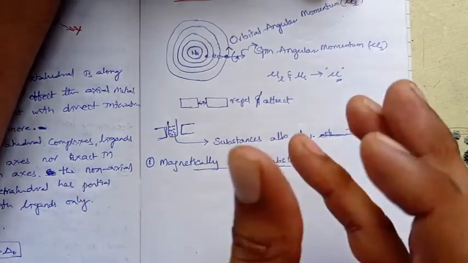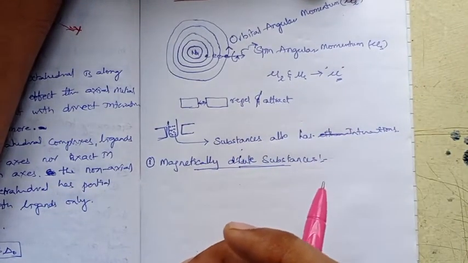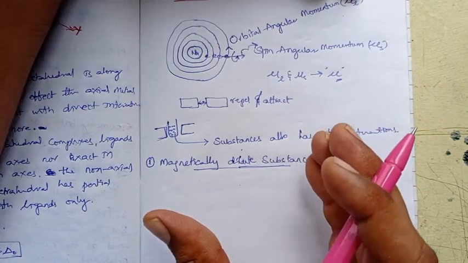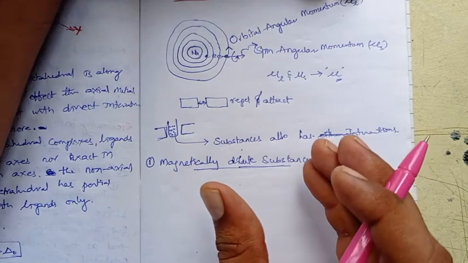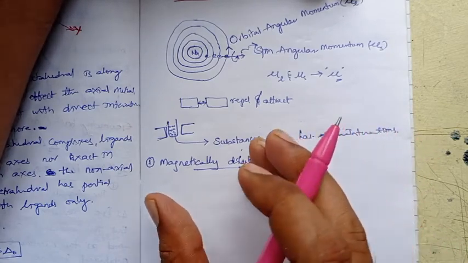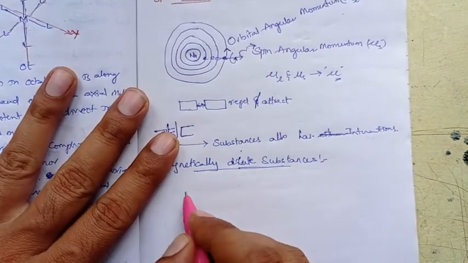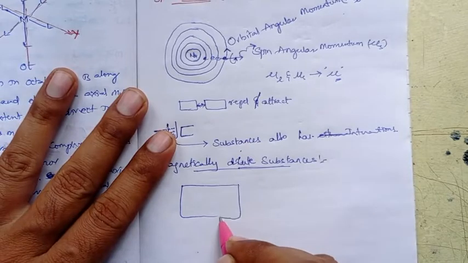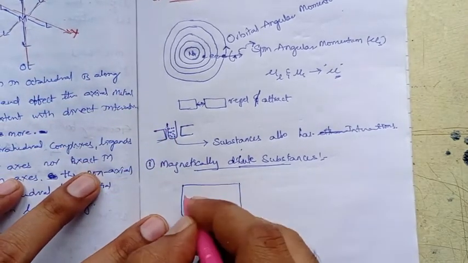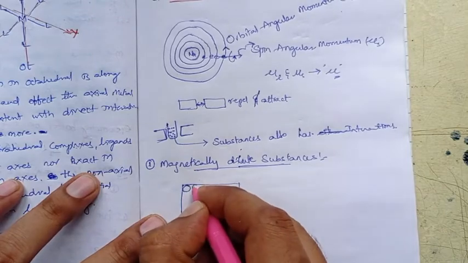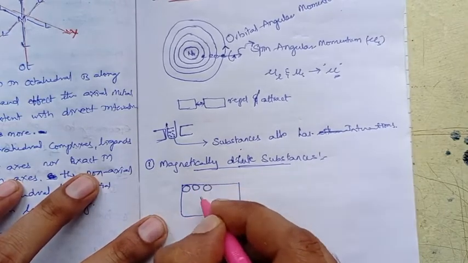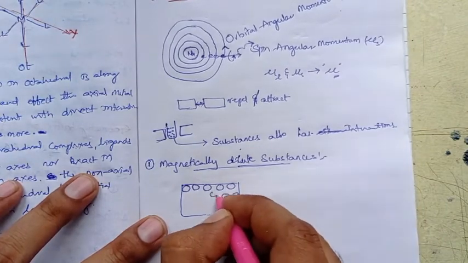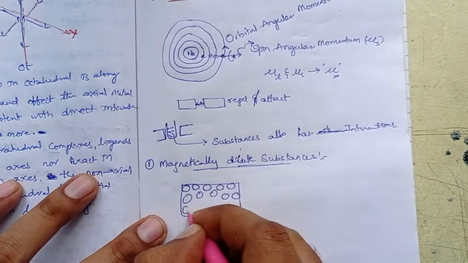Thus, in the substance there are multiple individual magnetic centers, arranged in a manner such that they cannot interact with each other. Consider that this is the substance, though it may not be exactly like this, and in it there are certain individual magnetic centers.